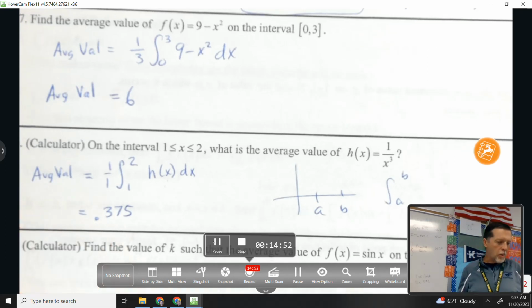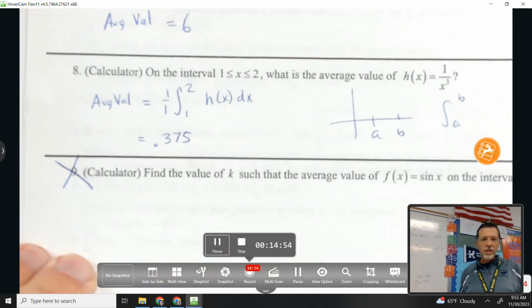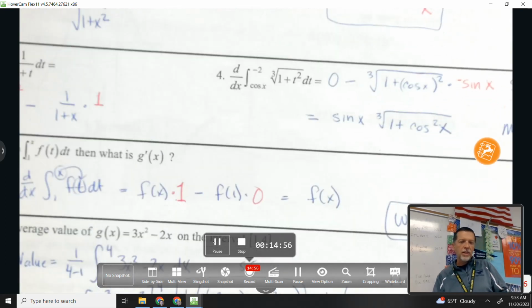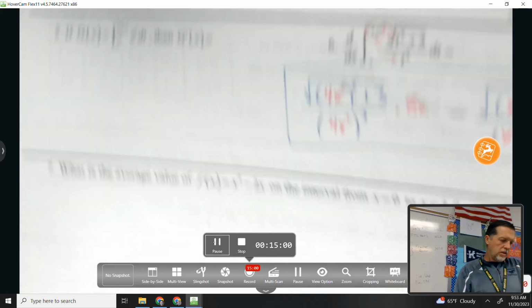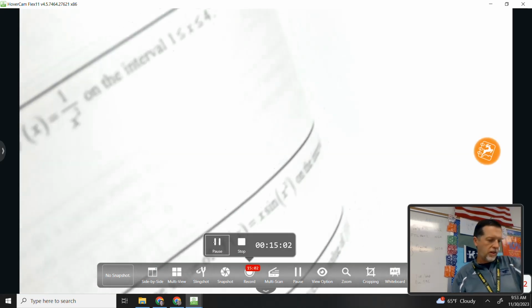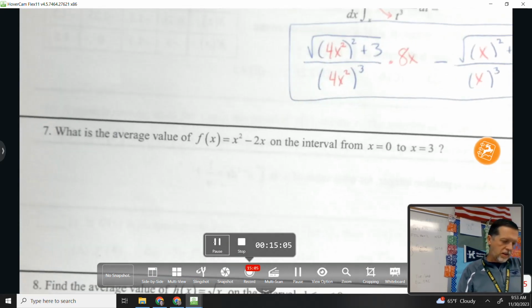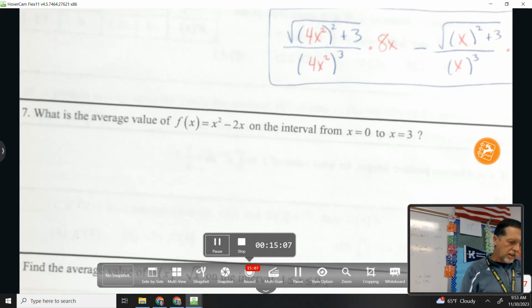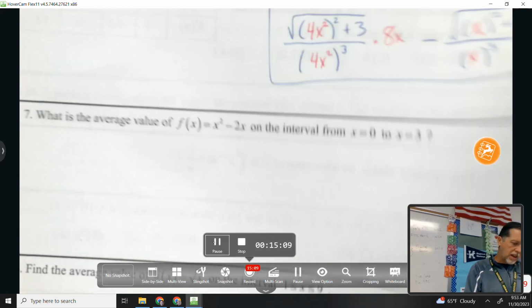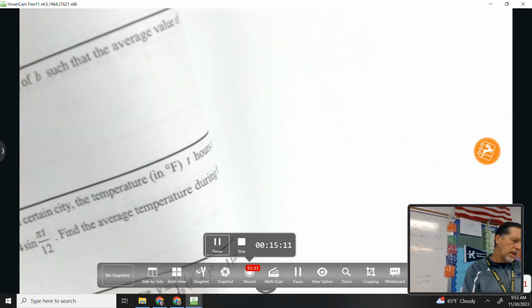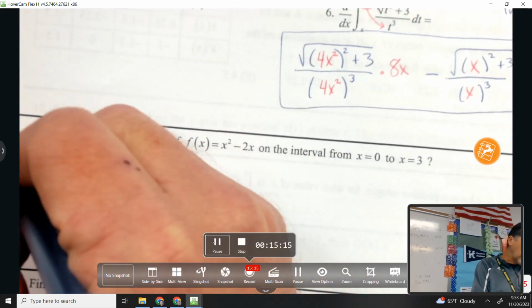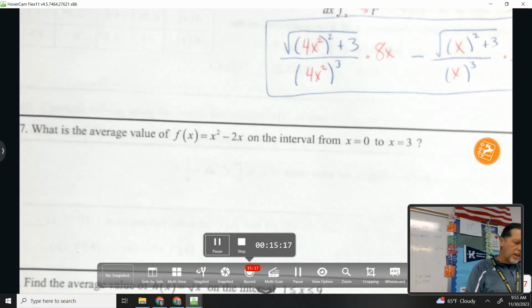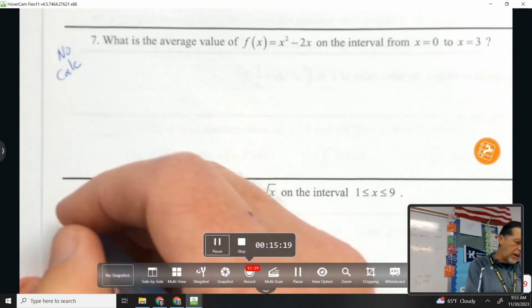All right, we're going to pass on number 9 because there's one closer to what I want to talk about on the worksheet. So back to the worksheet, and let's do number 7 by hand, or no calculator, just for practice, and then after that we can go all calculator.